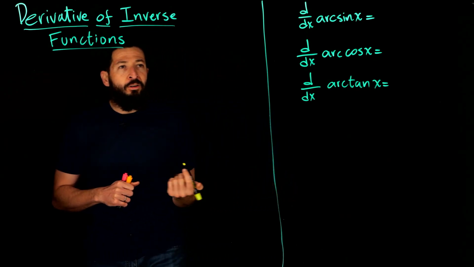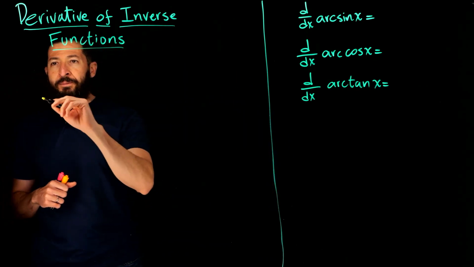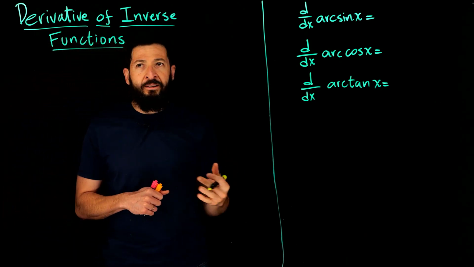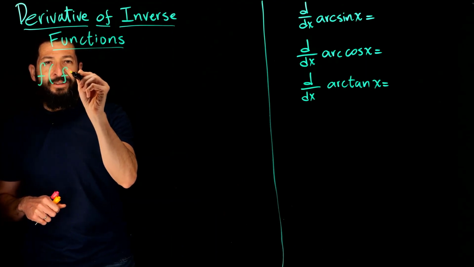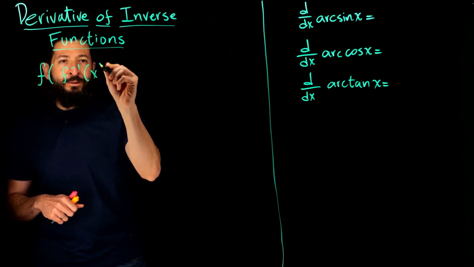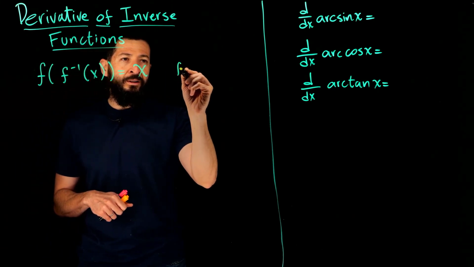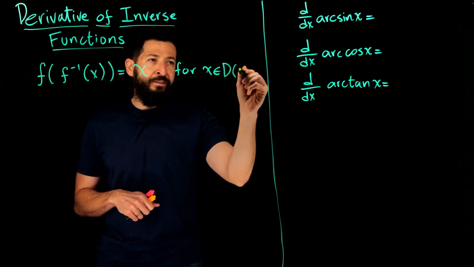So let's talk about how we could even go about doing such a thing. Let's remember how we characterize inverse functions. What we need is that f of f inverse of x will be equal to x for all x in the domain of the inverse function.